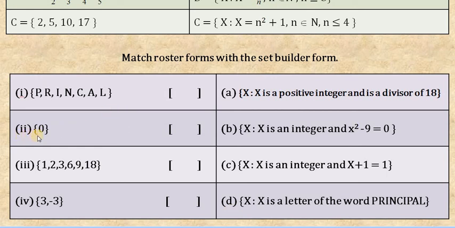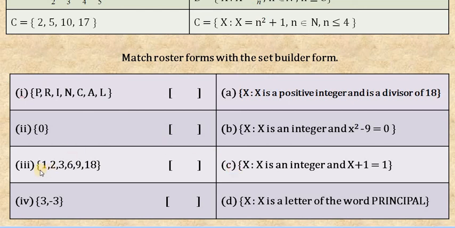Next, second one, set 0. If we just observe the third one, x plus 1 is equal to 1, means if we add 1 we should get 1. So to which number, when we add 1, do we get again 1? It is 0. 0 plus 1 is 1. So second one matches to C.